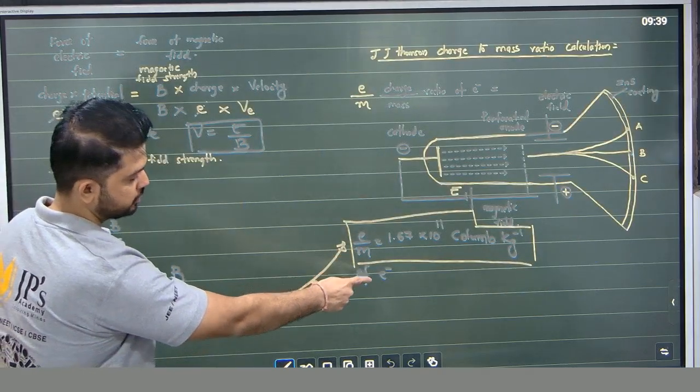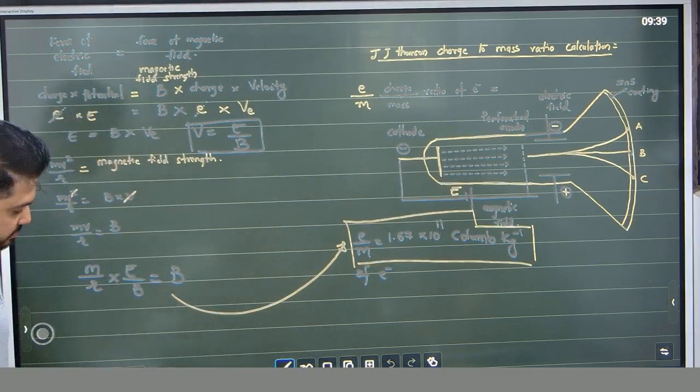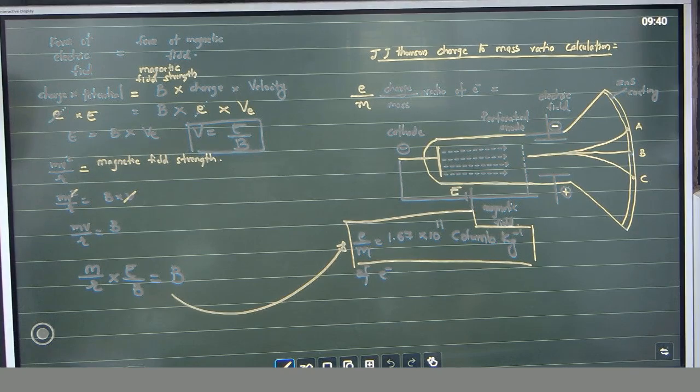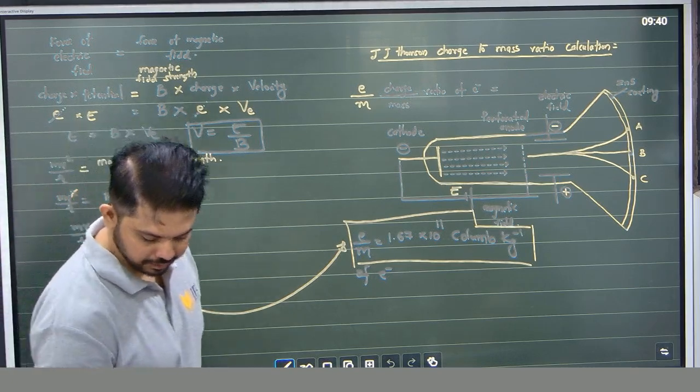Charge to mass ratio of electron. Written? Add one more point after this.